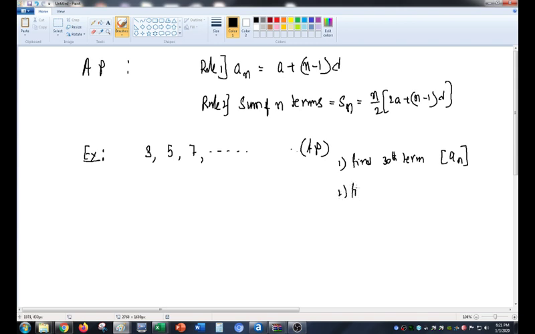Second, find the sum of the first 20 terms. That means 3, 5, up to 20 terms. So now you have to use the Sn formula, the sum of n terms formula.